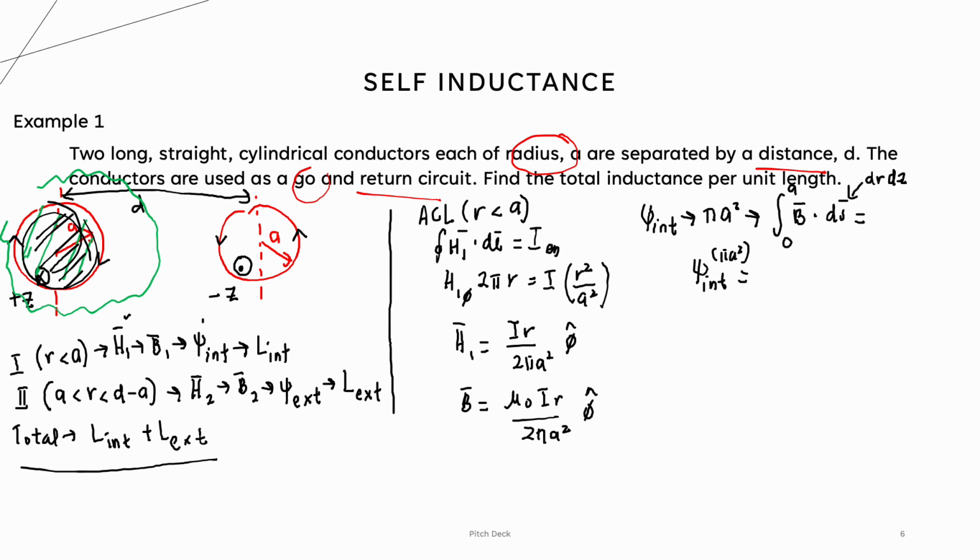The value is mu naught I over 4 pi L, right? So this is the flux that is generated by the pi a squared area inside the conductor.